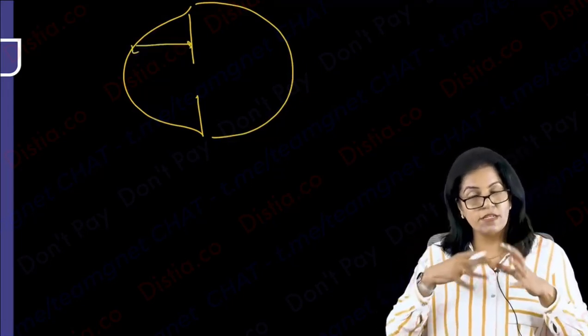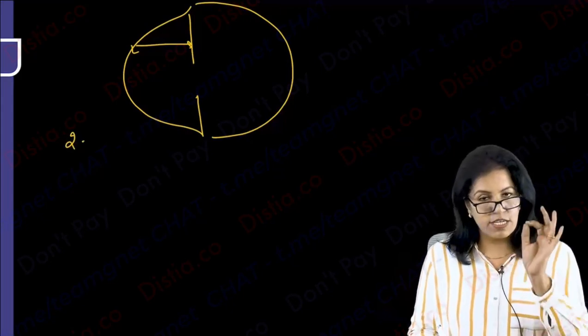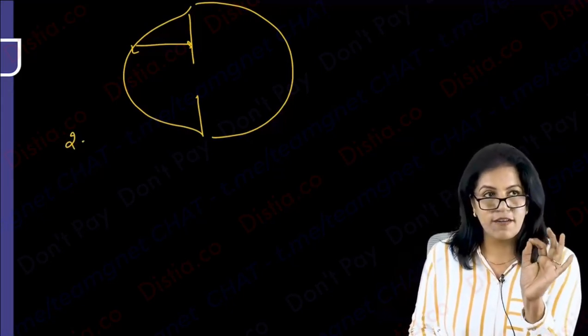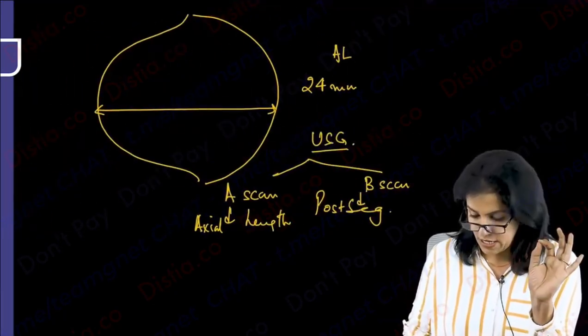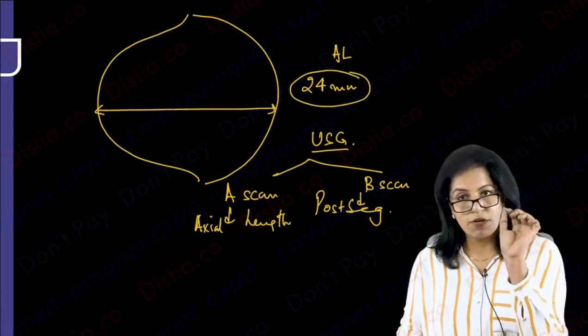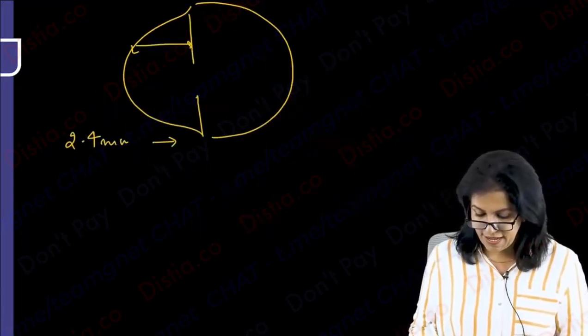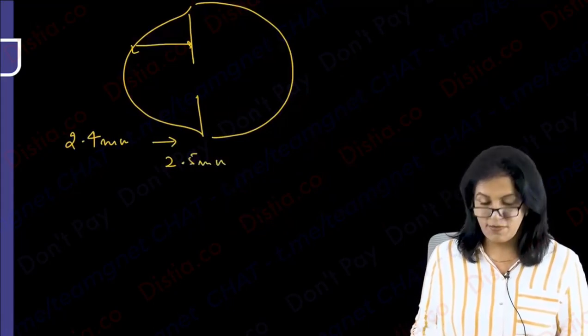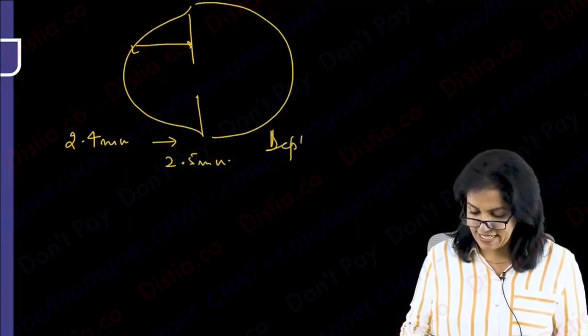The periphery it is different, but average, what is the depth? We will say it is around 2 point. Just, I'm giving you a tip. You have to put a dot in 24. You just learned with me that axial length is 24 mm. Now put a dot there. It is 2.4 to 2.5 millimeters. What are we learning here? So, depth of anterior chamber.